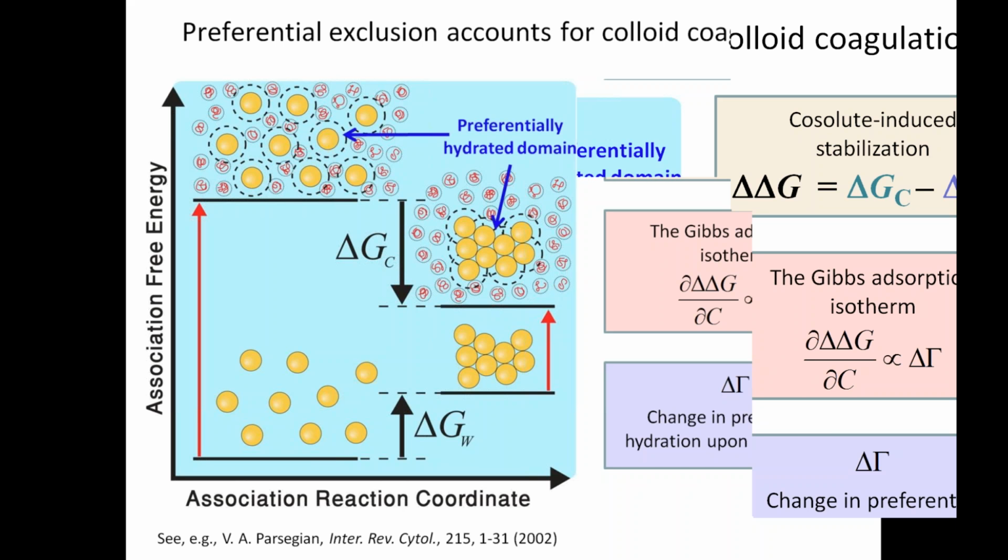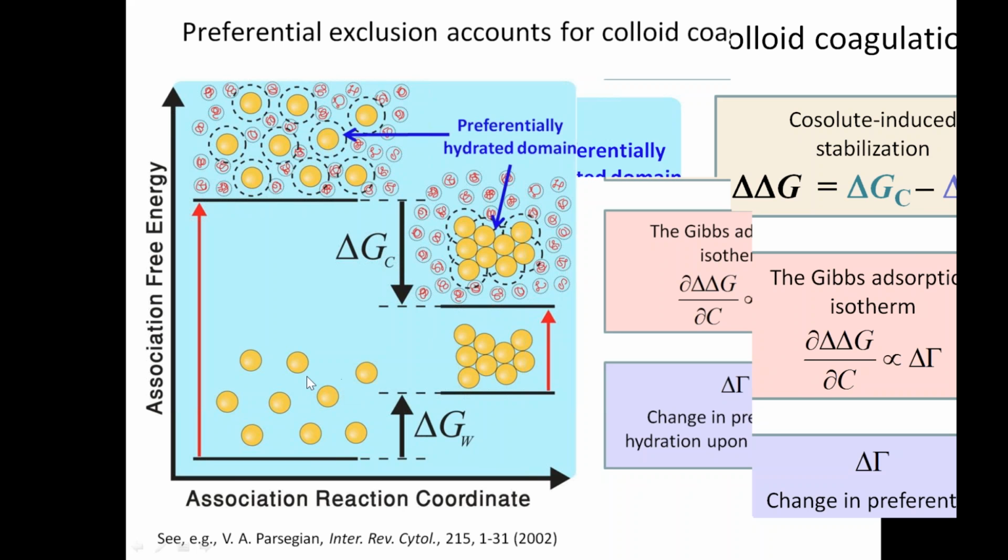And all of these phenomena of preferentially interacting cosolutes can be explained through the Gibbs adsorption isotherm. As you can see in this scheme of the coagulation of colloids in solution, in pure water the colloids remain dispersed, because the change in free energy upon the coagulation process is positive. But once you introduce an excluded cosolute, a cosolute that stays away from the colloid surface, it does two things.